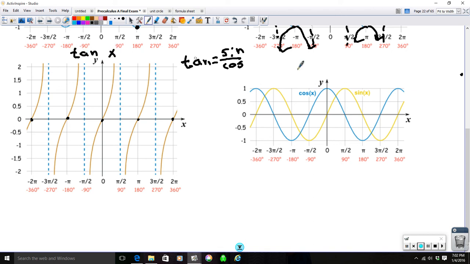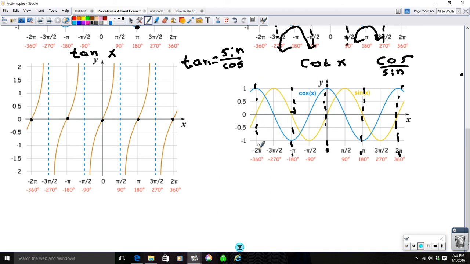The last one to do is cotangent of x. Cotangent we know is cosine over sine. Probably could have started with this for the tangent one as well, but we'll just start from scratch on the cotangent. Where sine is equal to 0, we put asymptotes. So we're putting asymptotes here, another one here, here, and here.